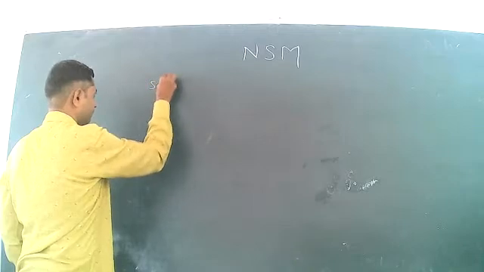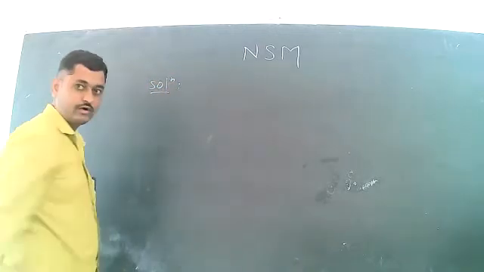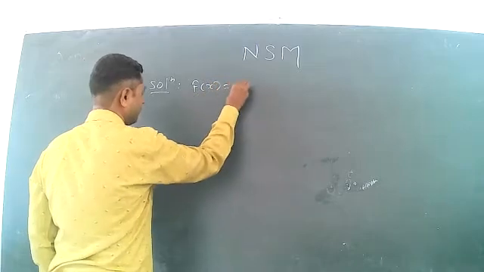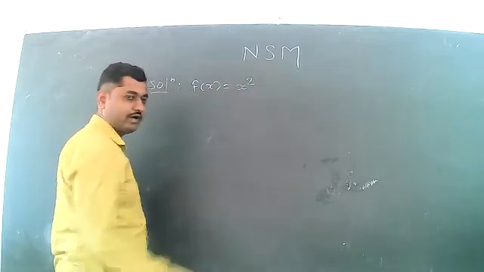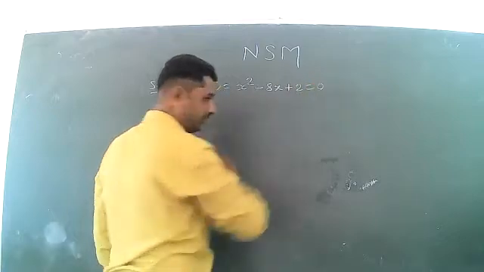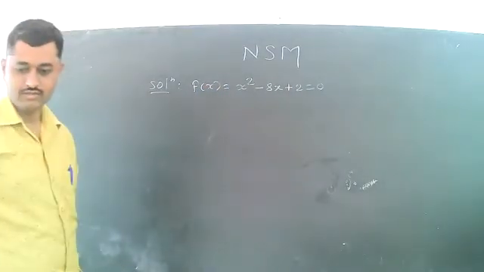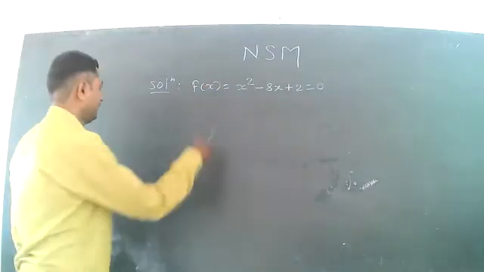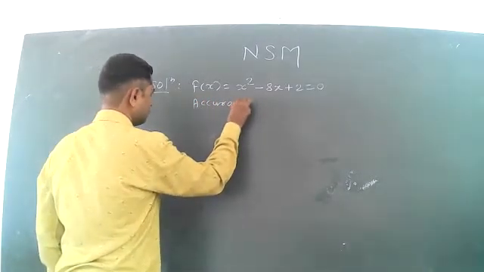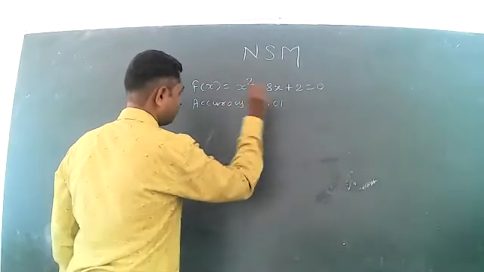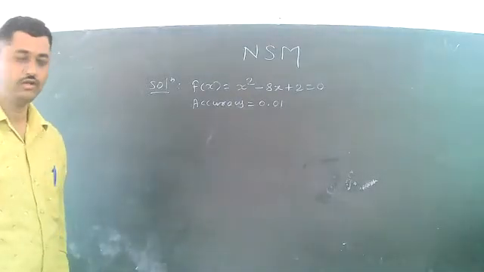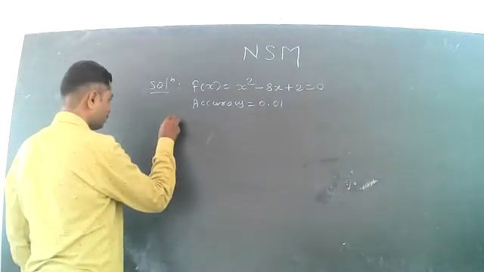Solution: we have the function equation f of x equal to x square minus 8x plus 2 equal to 0. And the accuracy is 0.01.